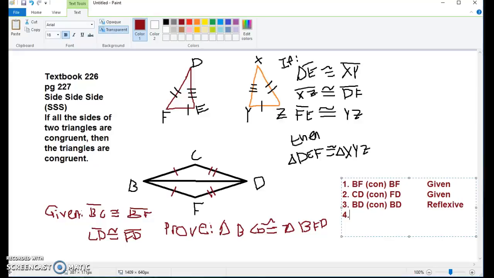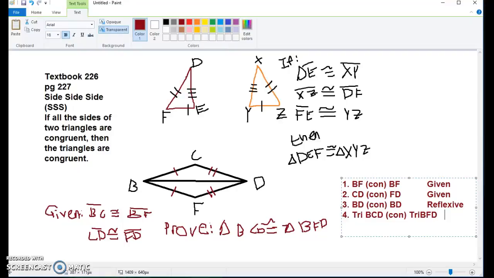And then that's not it. Our last line should always be this here. So our last line is going to be triangle BCD is congruent to triangle BFD.